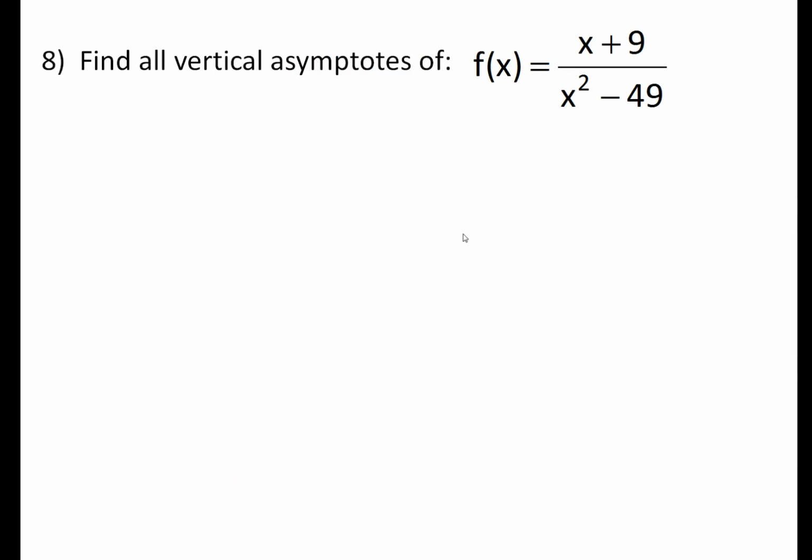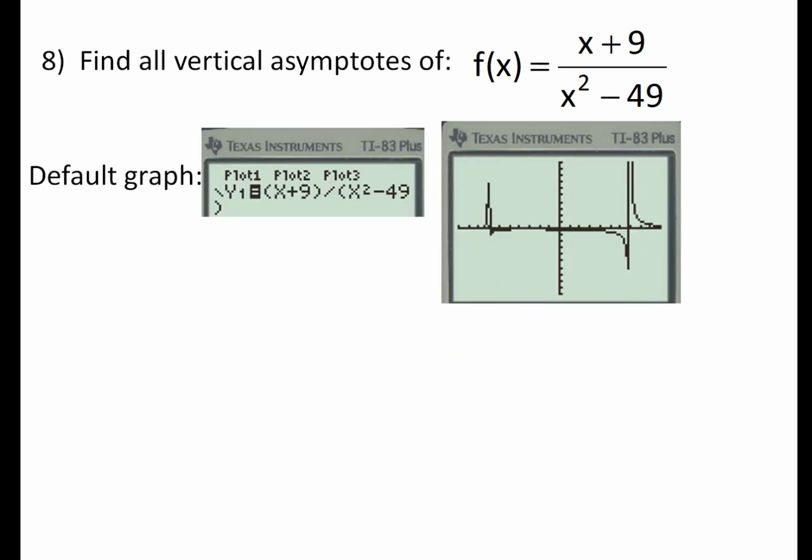Here we want to decide what the vertical asymptotes are for this function. Now this isn't actually a calculus question, but we'll look at it anyway because I think we did look at this in class. The default graph for this is kind of weird looking. It looks like this, but this graph only looks like this because when the graph is made, the pixels in your screen are either turned on or turned off.